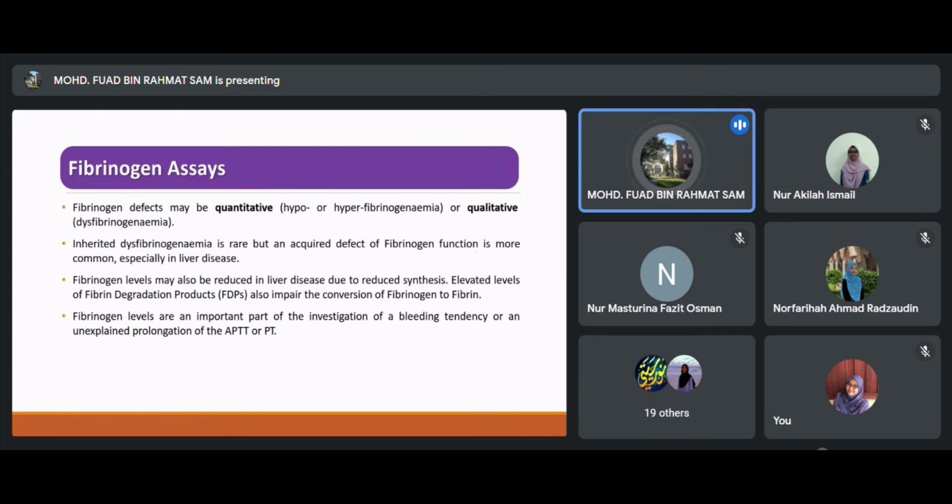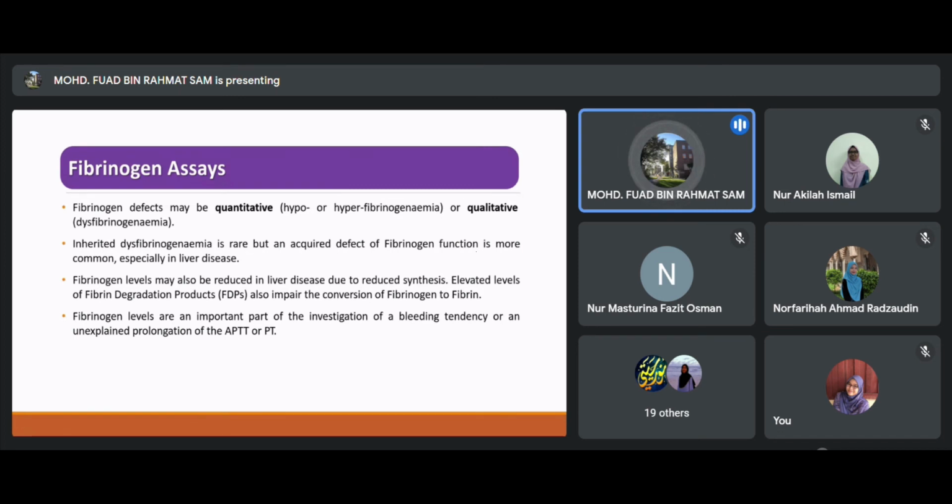For example, dysfibrinogenemia. Okay, dysfibrinogenemia. So basically, dysfibrinogenemia is a coagulation disorder, and usually it is characterized by having an abnormal form of fibrinogen. Structure dia abnormal.